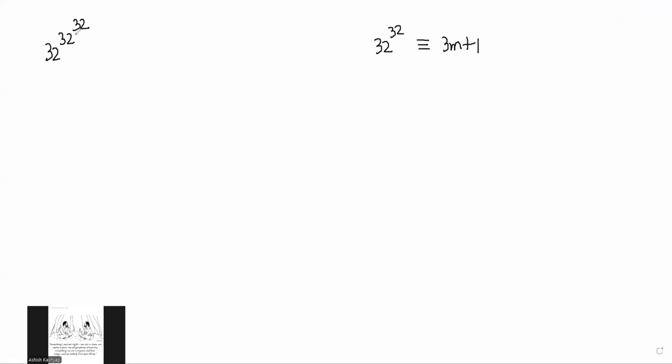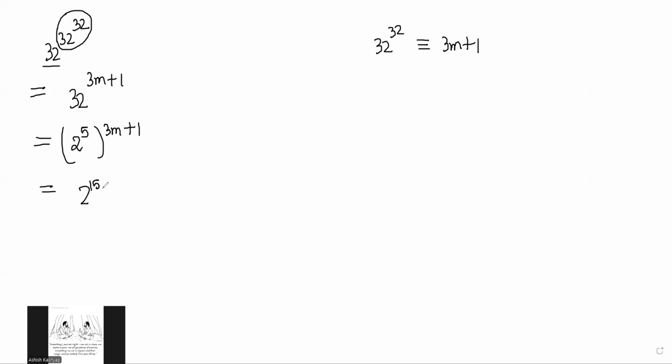So what I'll focus on here is not the lower two 32s. I'll focus on this number and I'll say it is 32 to the power something of the form 3m plus 1. And now I'll write this again as 2 power 5 to the power 3m plus 1. And therefore I get something like 2 power 15m plus 5, right?